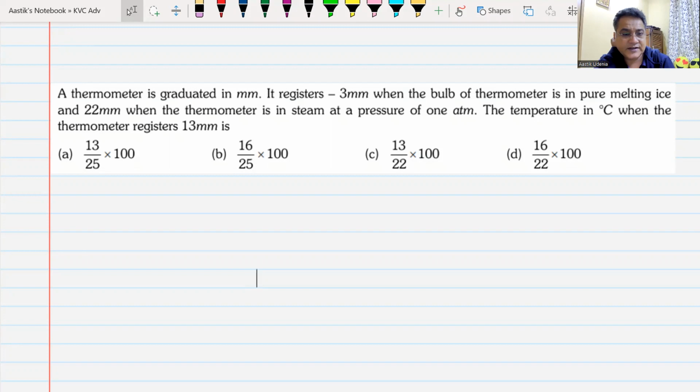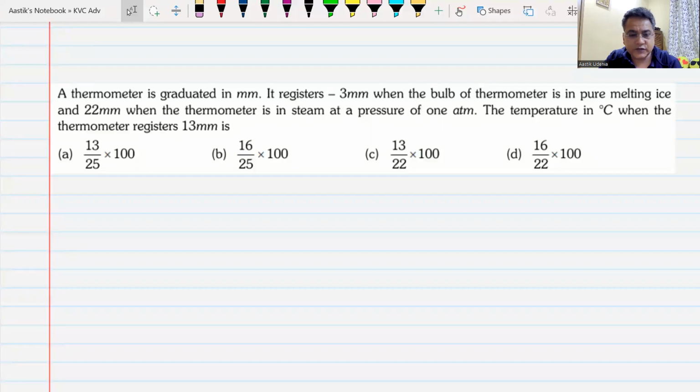It registers -3 millimeter in pure melting ice and 22 millimeters when it is in steam at a pressure of 1 atmosphere. What is the temperature in degrees Celsius when the thermometer registers 13 mm? I'll give you 2 minutes to give me the answer.